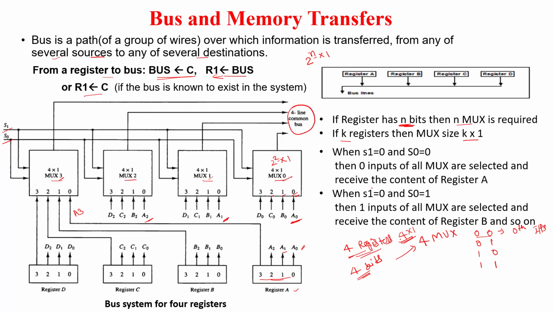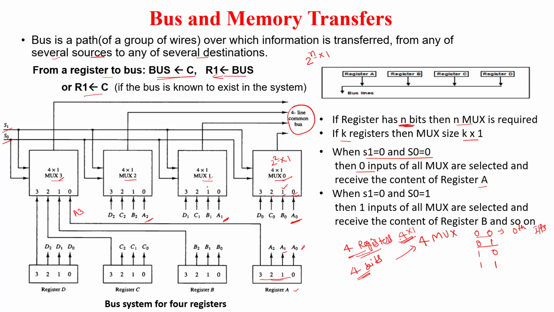So that is written here: if you have selection lines 0 0, then the 0 inputs of all muxes are selected. So that's why it is going to receive the contents of register A, which is handed over to the bus.